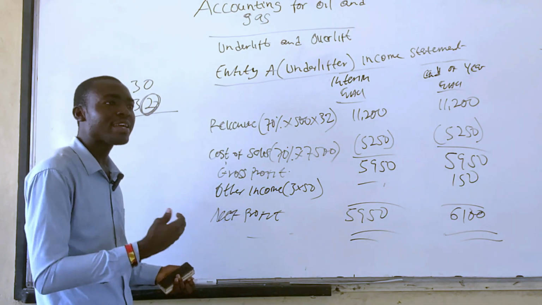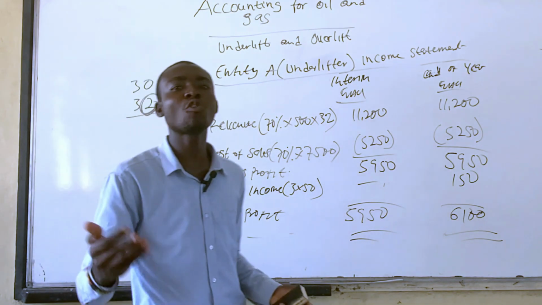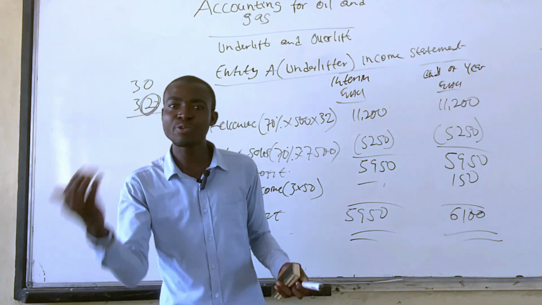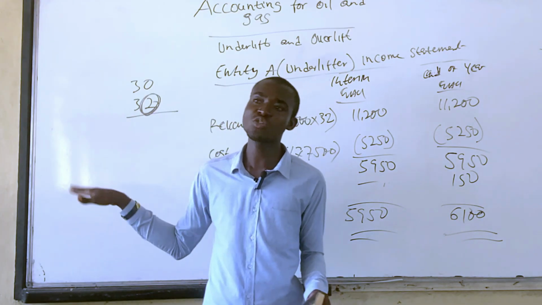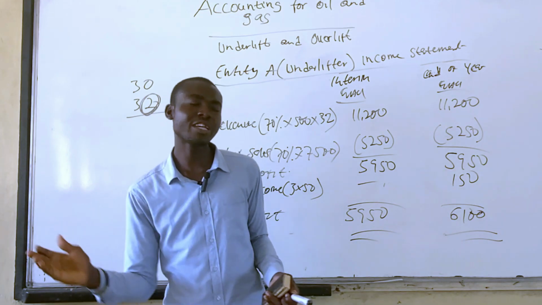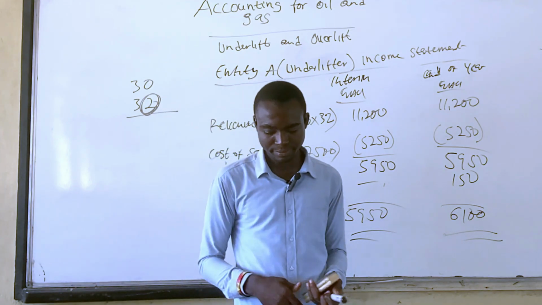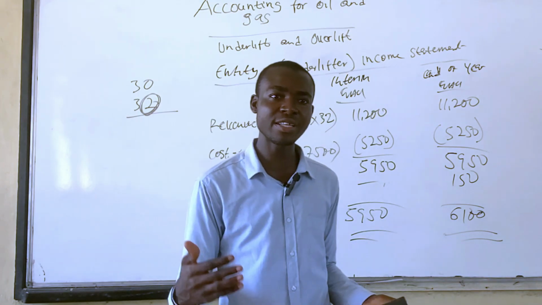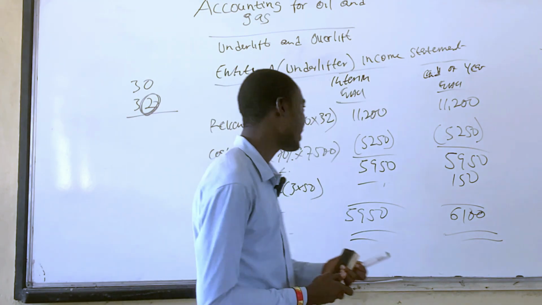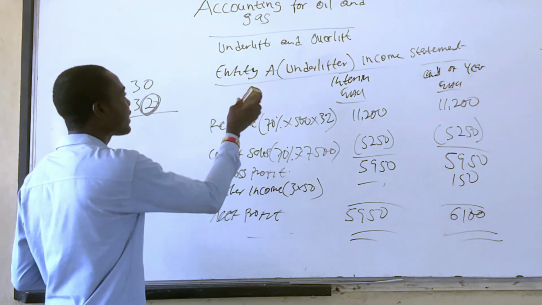So it will become a loss or expense to entity A, and a gain to entity B. So let's look at how the financial statement for entity A will be like. We are done with the income statement.